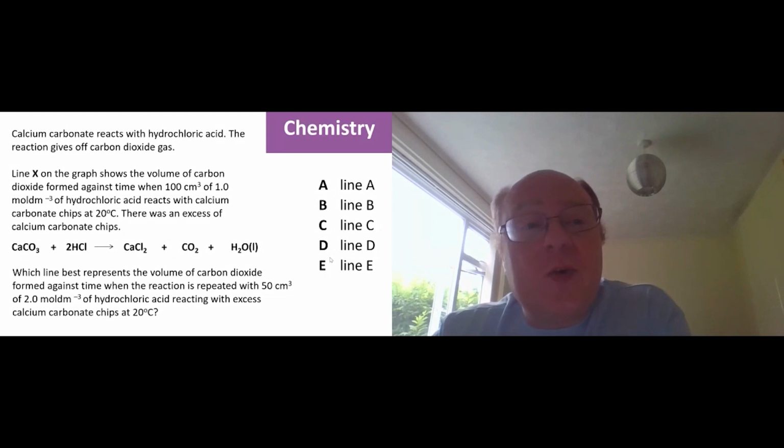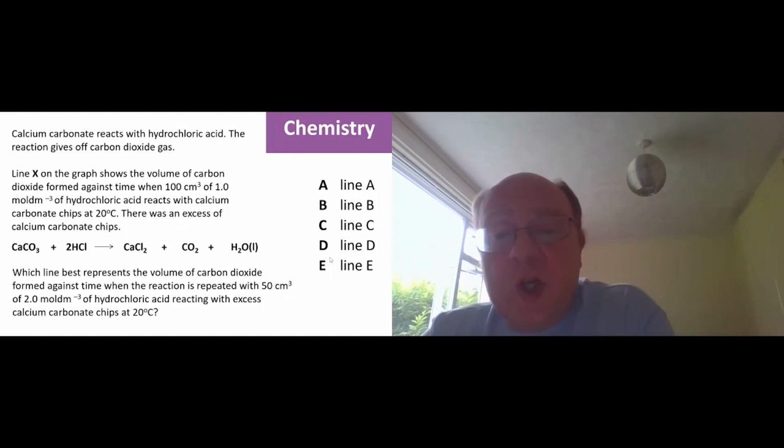And it tells you that line X shows the volume of carbon dioxide that was formed when hydrochloric acid was reacted with the calcium carbonate chips. You're then asked to identify the line that best represents the volume of carbon dioxide formed when the reaction is repeated, but this time with more concentrated hydrochloric acid.